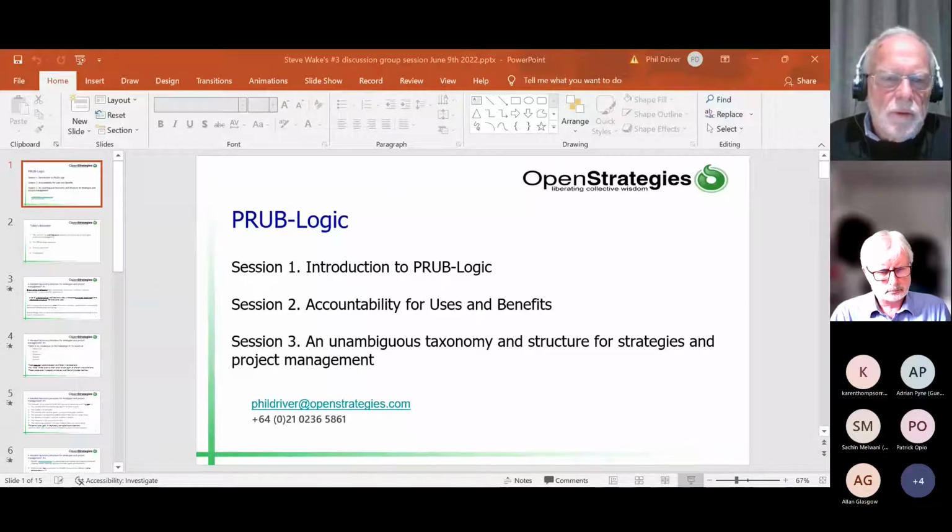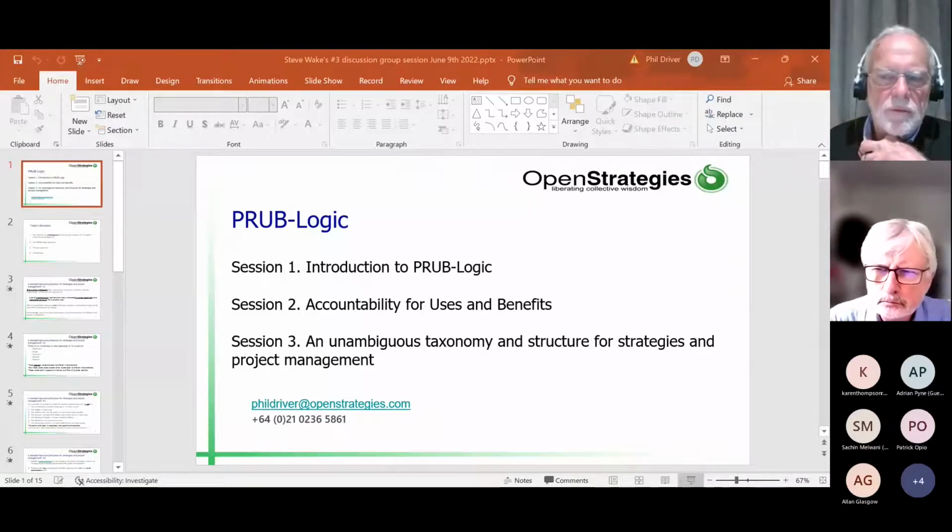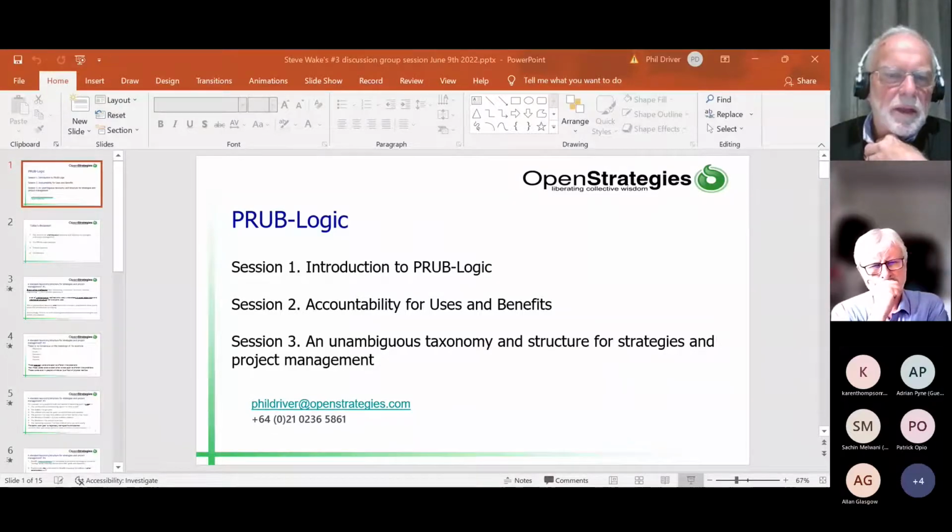So projects, results, use, and benefits are actual physical realities, whereas goals, objectives, and so on, they're abstract labels for those physical realities. So PRUBs are things. Projects, results, use, and benefits are things. Objectives and goals are just labels of things, abstract labels.